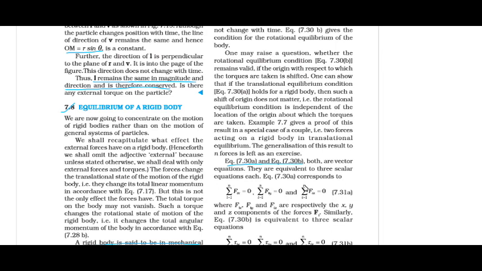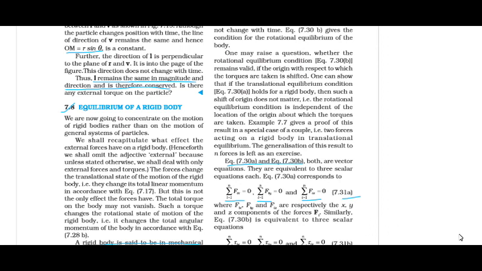Equation 7.30a corresponds to sigma i equals 1 to n Fix equals 0, sigma i equals 1 till n Fiy equals 0, and sigma i equals 1 till n Fiz equals 0. This is equation 7.31a, where Fix, Fiy and Fiz are respectively the x, y, z components of the force Fi.